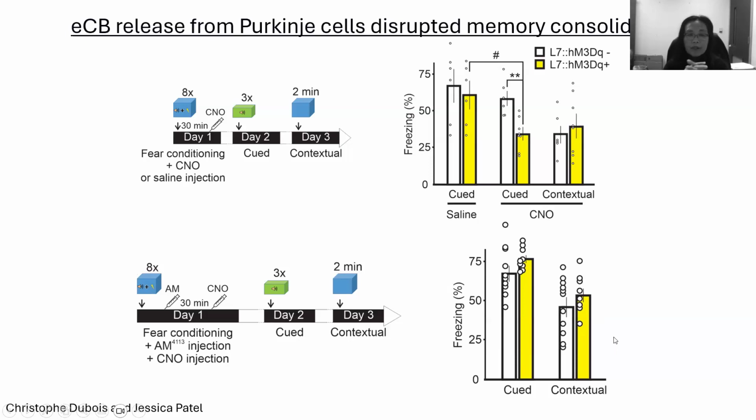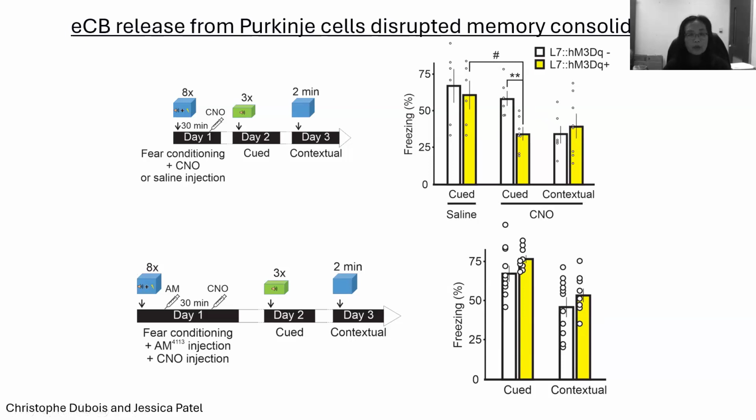So given the fact that using CNO to activate Purkinje cells can induce a burst activation, one possibility is endocannabinoid release can cause this impairment of memory retention.